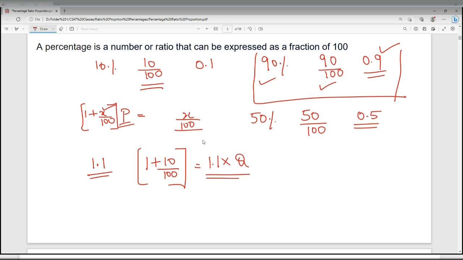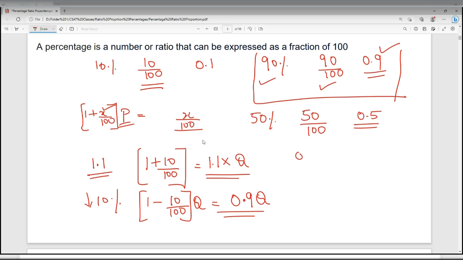And if it has decreased by 10%, what we do is we minus 10% from 1, from the quantity. So this would be 0.9 times the quantity. So this is how we do it. For example, if some quantity has decreased by 25%, we'll just multiply 0.75 into that quantity to get the final quantity.